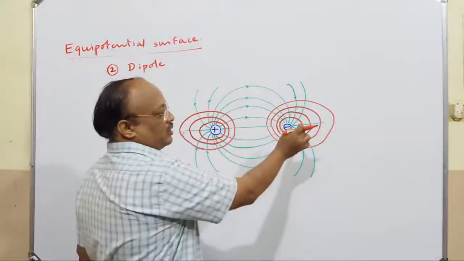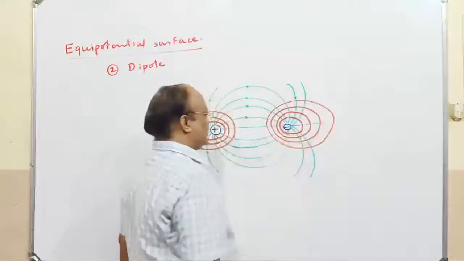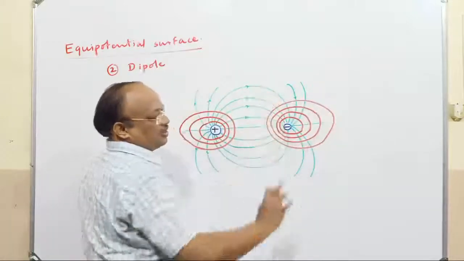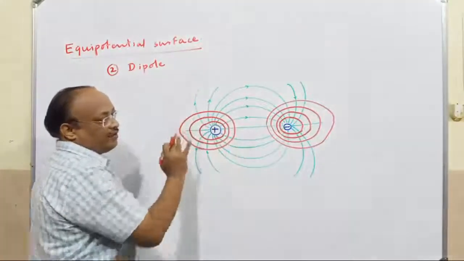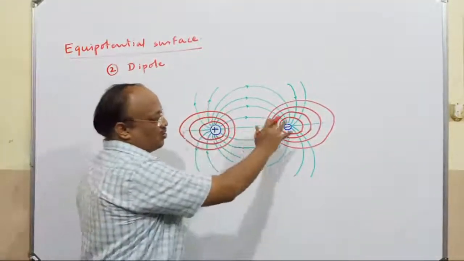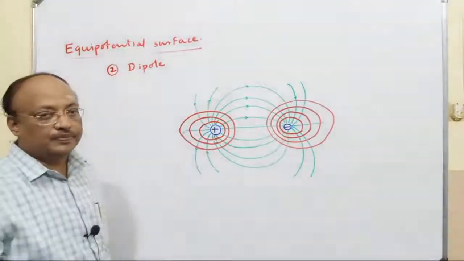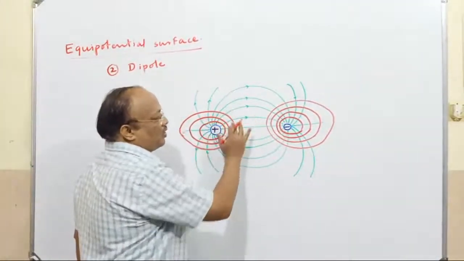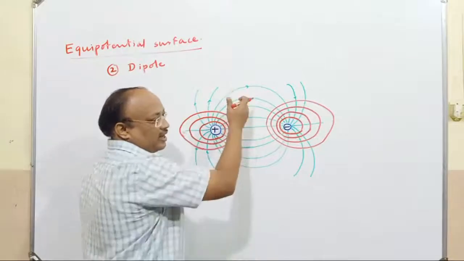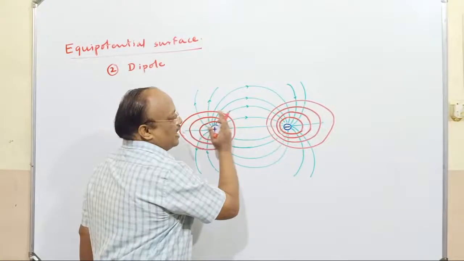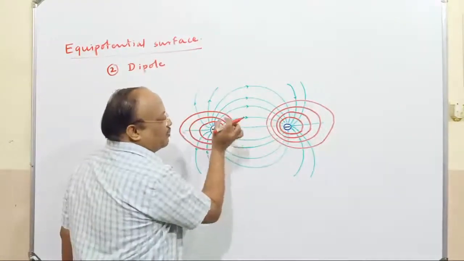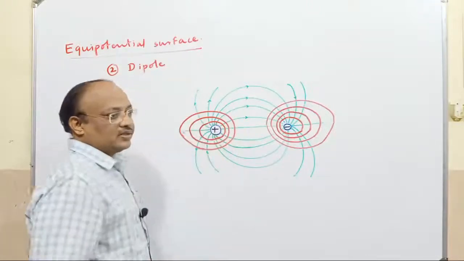The spacing goes on increasing because the field is less here, whereas the field is more here. Because of that, you have to draw the equipotential surfaces in this way. Electric field is more here because the electric lines of forces are very dense at this part, so that is why the spacing between the equipotential surfaces is less.